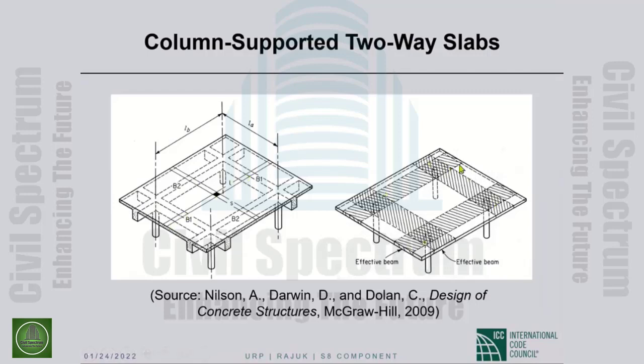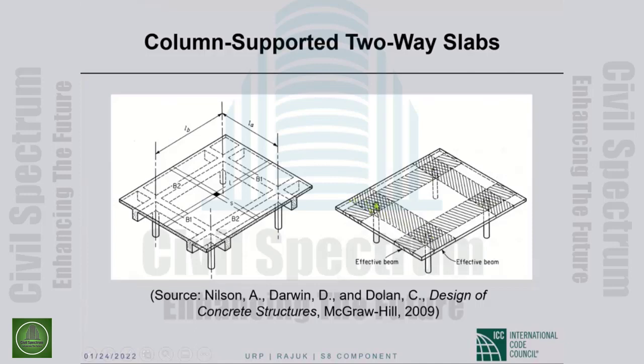Now, when there are no column line beams, we have a flat plate, a slab supported directly on columns. We can imagine beams concealed within the thickness of the slab. You will see that in the design of flat plates or two-way slabs, we divide the slab panel into a middle strip and then a half column strip on either column line.